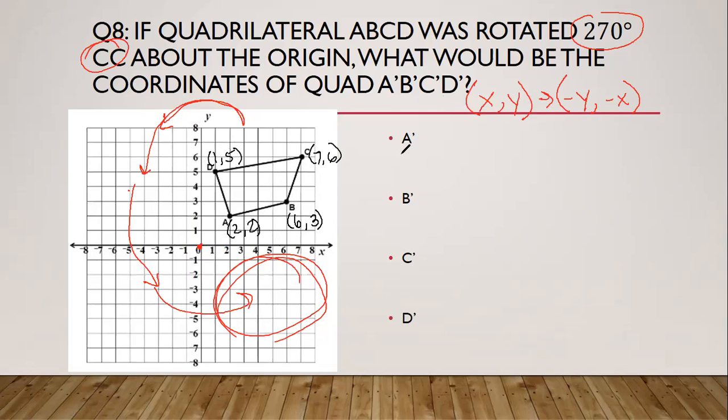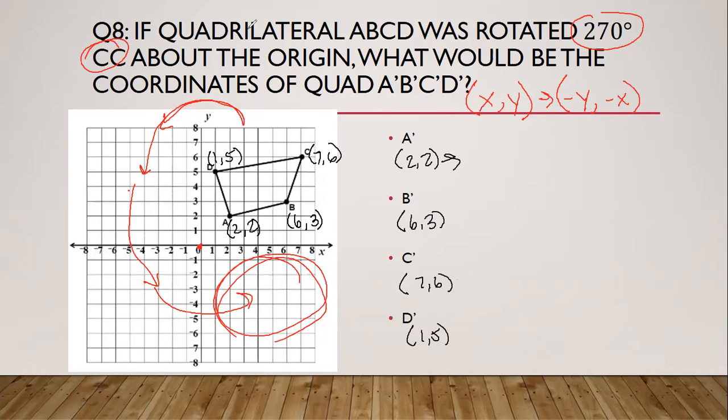Okay, so each one of these, I'm going to write the points here: (2, 2), (6, 3), (7, 6), and (1, 5). Each one of these is going to be flipped and we change the sign. That's the rule for the 270 degree counterclockwise rotation about the origin.